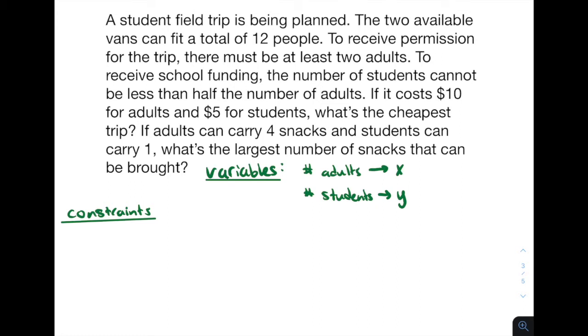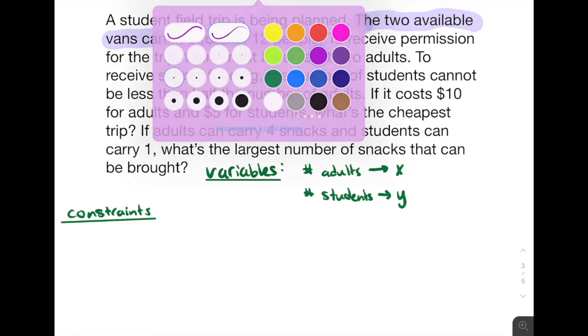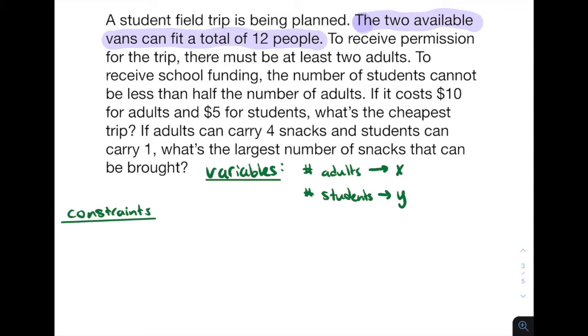Let's work through our problem and identify our constraints. We're told that the 2 available vans can fit a total of 12 people. This can translate to the number of people on the trip, x plus y, is certainly not more than 12. We're also told that to receive permission for the trip, there must be at least 2 adults. So we know that x is greater than or equal to 2.